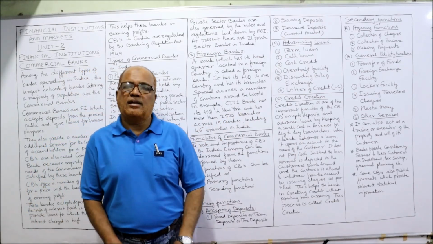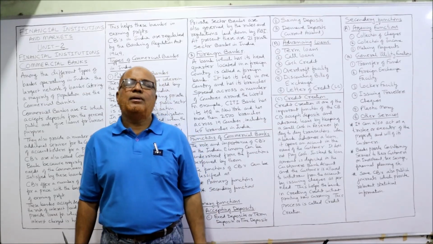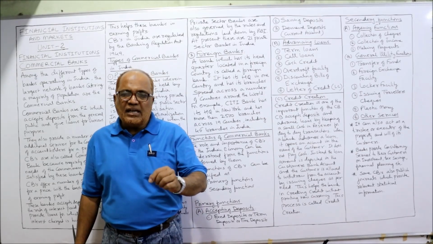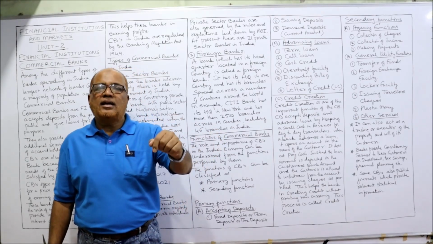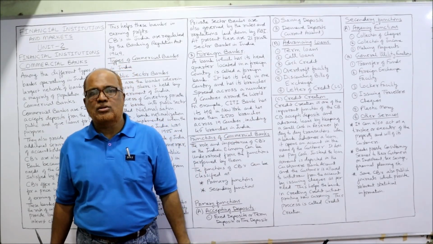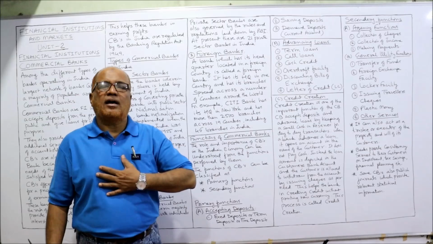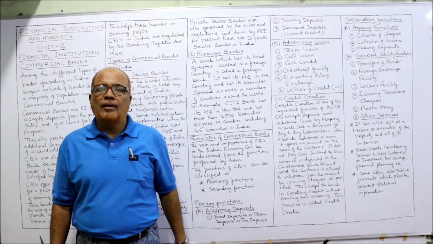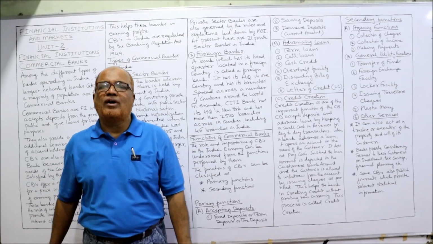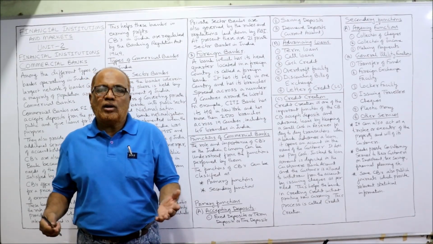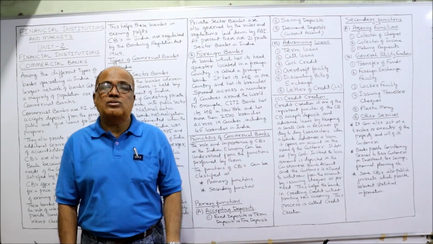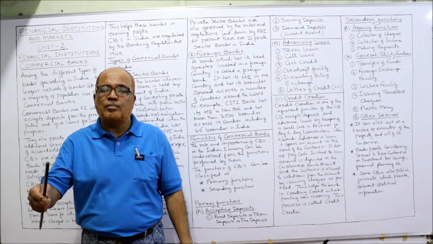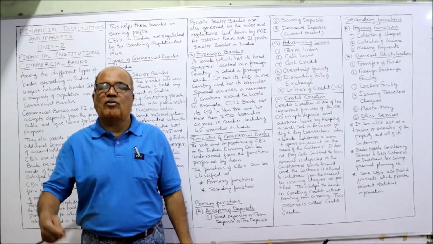Next is overdraft facility. The overdraft facility will normally be given by the banker to current account holders. The facility is that the current account holder can overdraw from his account. For example, I am a current account holder in a bank. In my current account, only 50,000 rupees is lying, but I have to pay 60,000 rupees to one of my suppliers. I cannot pay 60,000 because in my account I have only 50,000. I will approach the bank manager and request that I am issuing a check of 60,000 rupees.